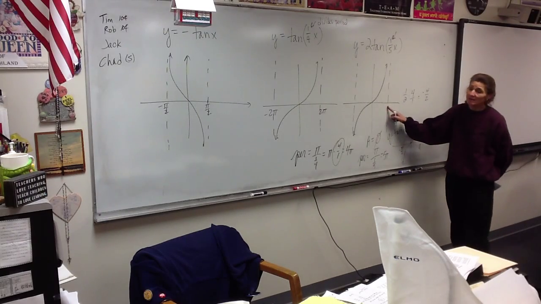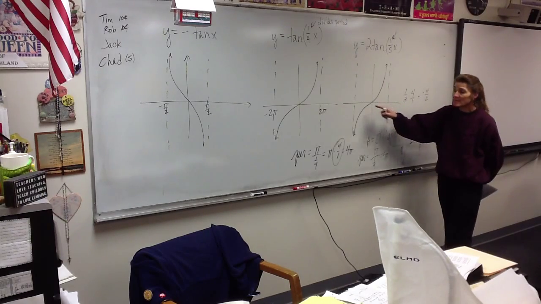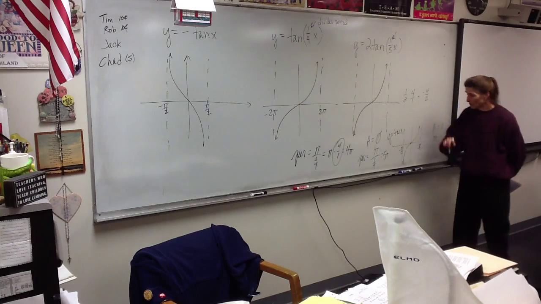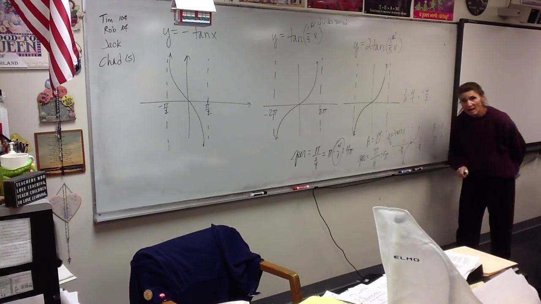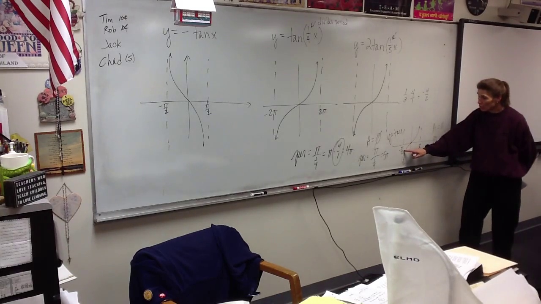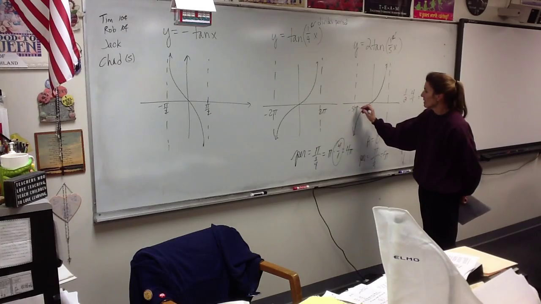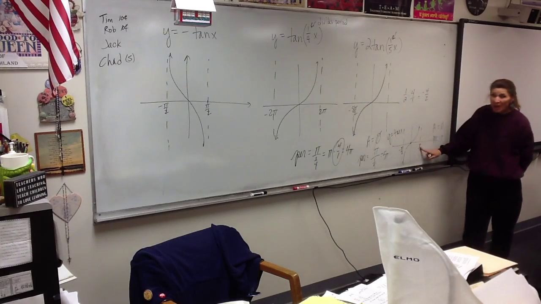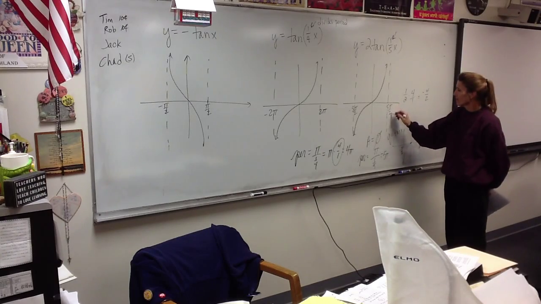This is not 5 pi. To get these labels, remember that everything horizontally gets timesed by 5. So negative 1/2 times 5 would be negative 5/2, and positive 1/2 times 5 would be positive 5/2.